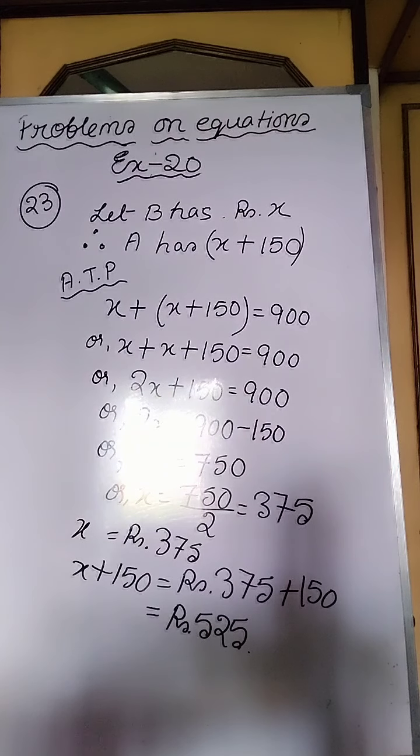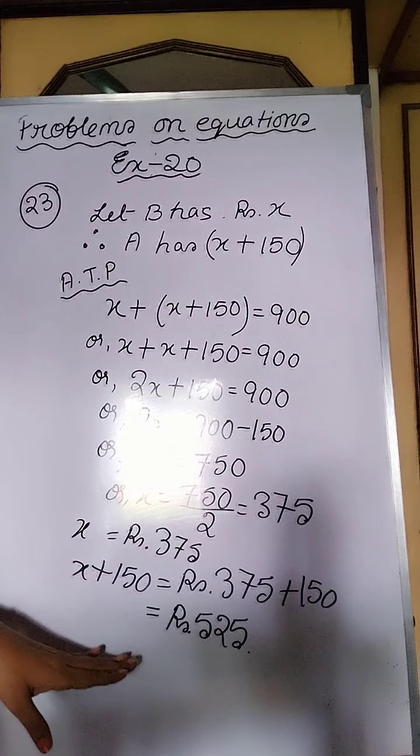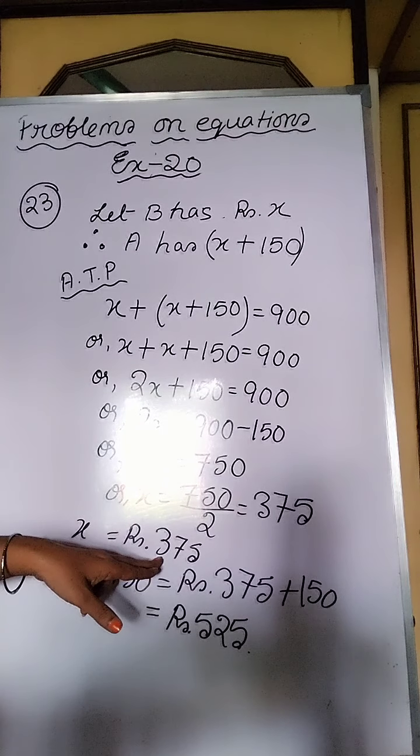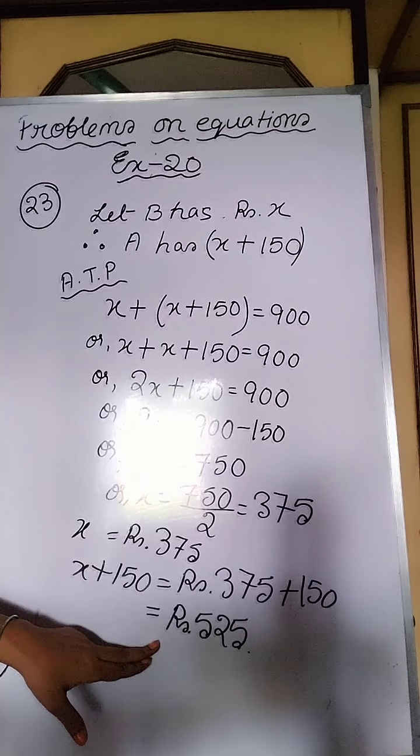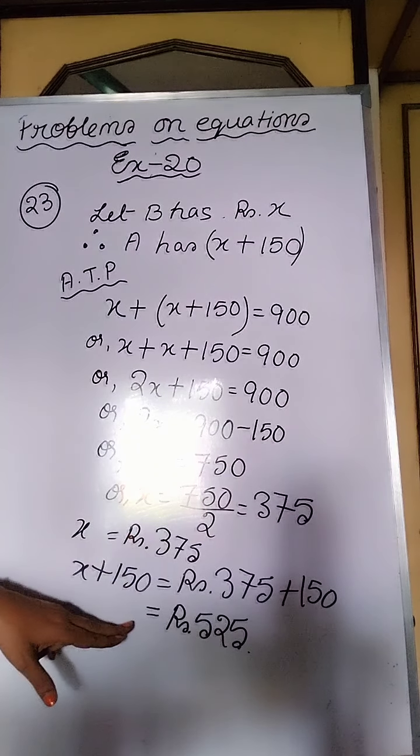So as you can see, B is having rupees 375 and A is having rupees 525. B's money 375, A's money 525.